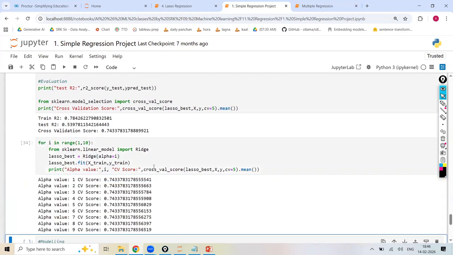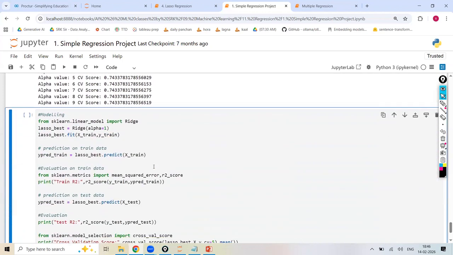And ridge also is the same. It means ridge is also not working. Generally, if lasso does not work, ridge also will not work. Both are almost the same, with a minute difference. Clear, guys? Everyone understood or not? So for all the projects, lasso and ridge will not work. That is the important point, right?